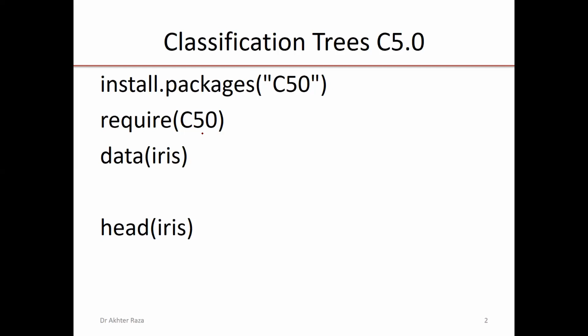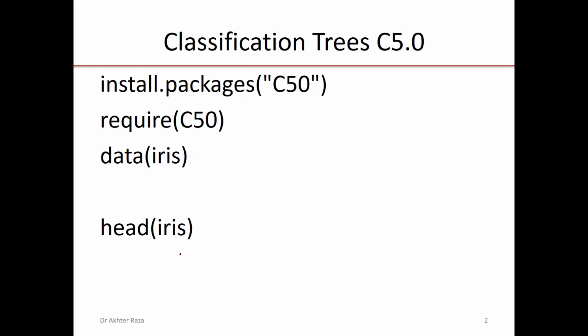And what does the next command do? The next command is for the iris dataset. The iris dataset is available with the installation of R. So we just have to associate the iris dataset with the current session of R. Without the data command, we cannot use the iris dataset.